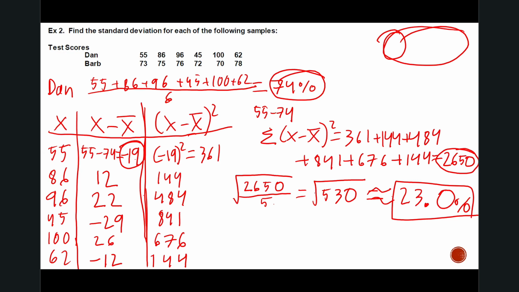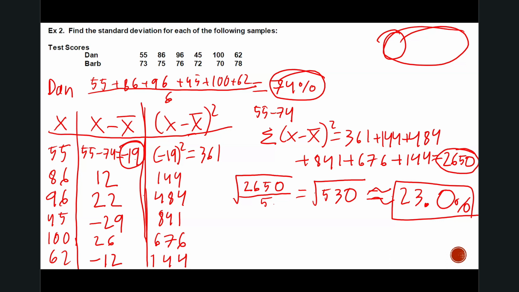Some of these are positive, some will be negative, because some scores are above his mean, some are below it. That's how you create this first column. And again, I wouldn't expect you to write out this table. Things that you're adding up, you can just do in the calculator without writing it down. I'm just showing it.